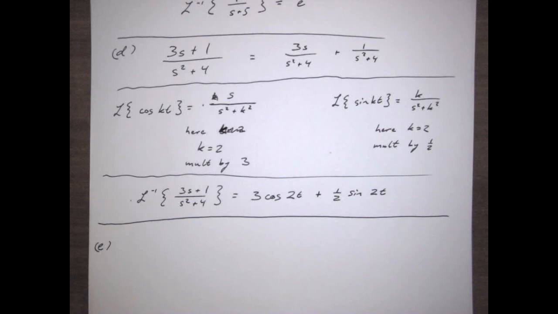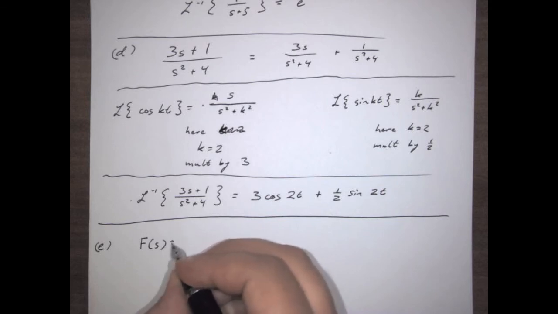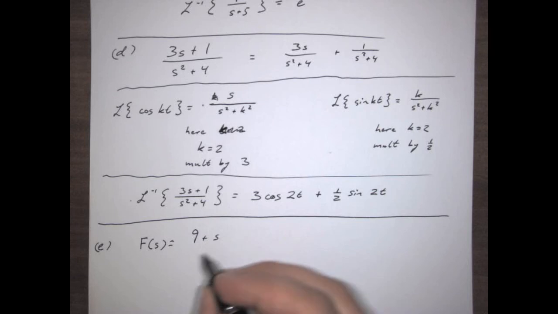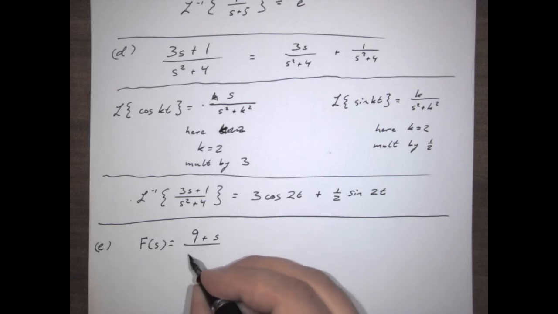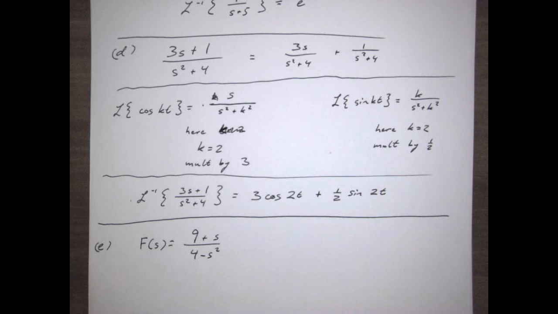Alright, now let's take as a next one F(s) is equal to 9 plus s over 4 minus s squared. Now there are two approaches we could do here. We could break it down in terms of the cosh and the sinh.